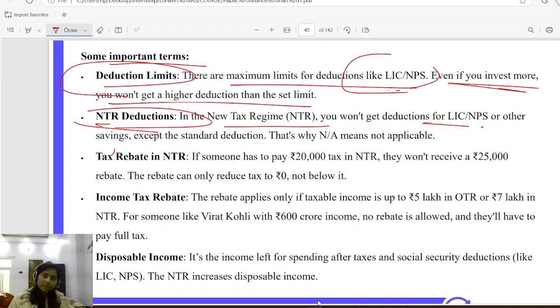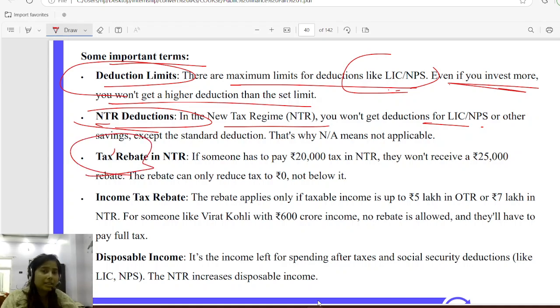In the old tax regime, you were paying a higher tax percentage, but you were getting different kinds of deductions. So there are two options available, whichever you want to choose. In 2025, they will come with some more explanation as well, so you can skip this part and focus on the current year's budget only.